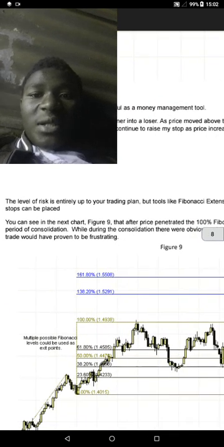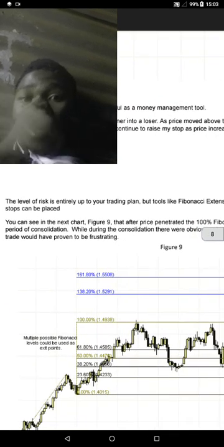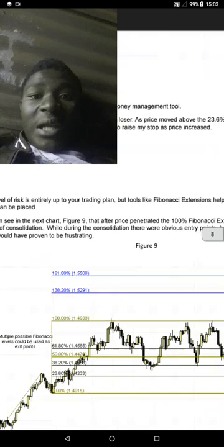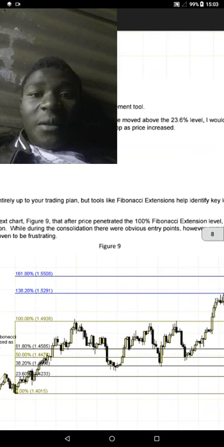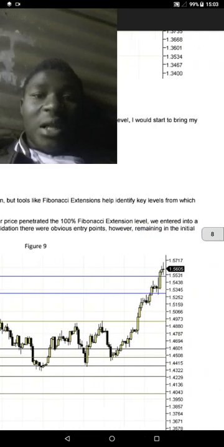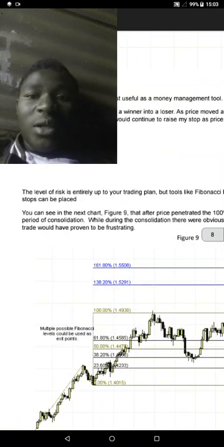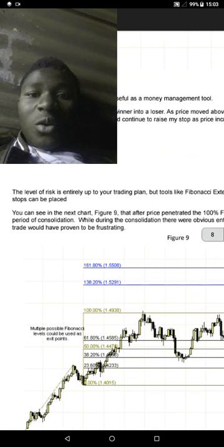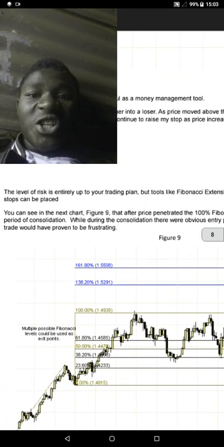You can see in the next figure, figure 9, that after price penetrated the 100% Fibonacci extension level, we entered into a period of consolidation.